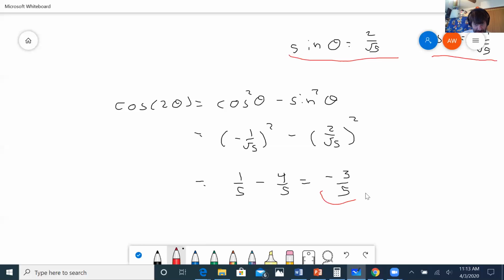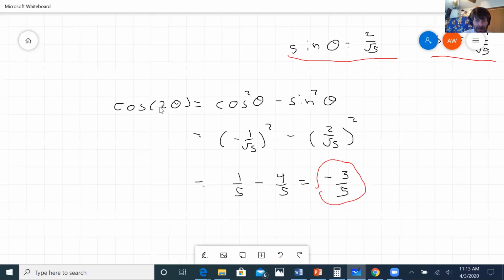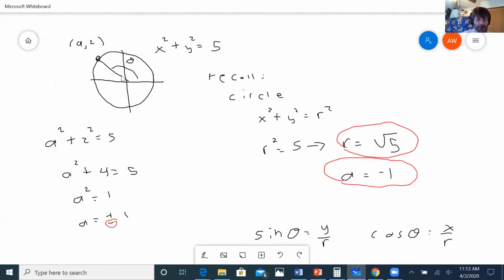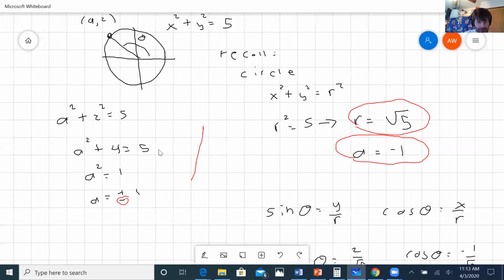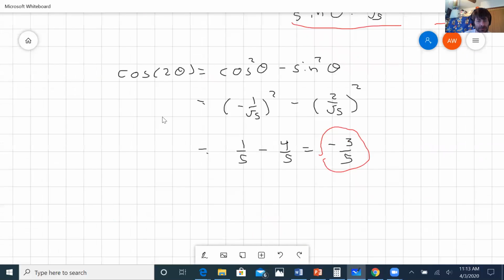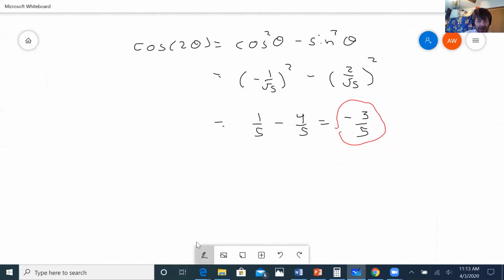And it makes sense that it's negative, because if I look back on my circle here, this is theta. If we went double theta, we would end up over here somewhere, and I should get a negative value, right? For cosine, because cosine is the x coordinate.